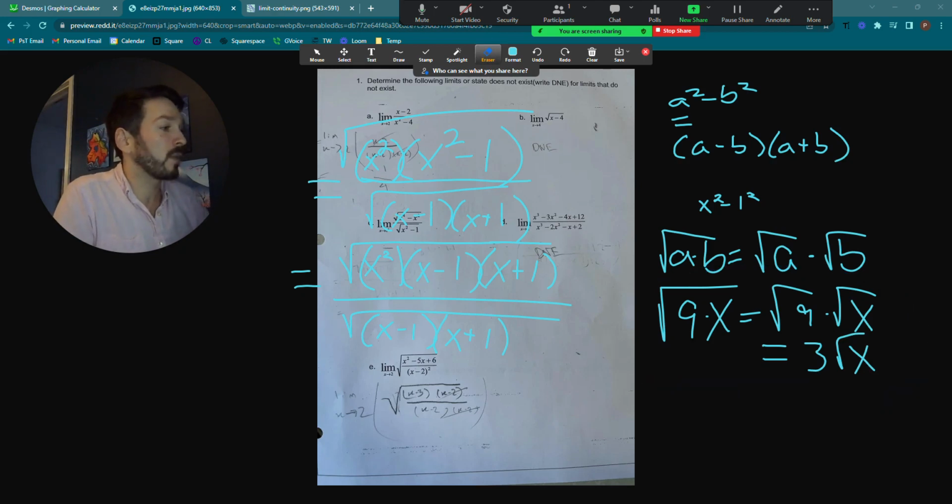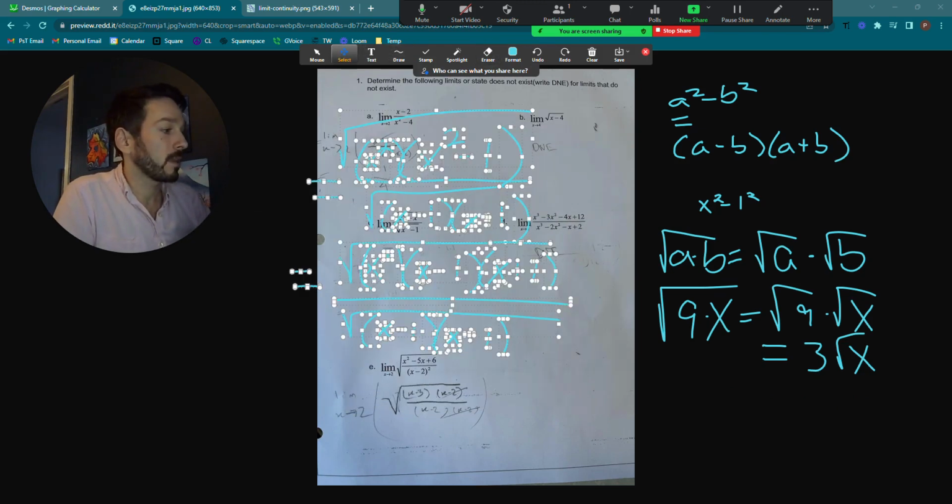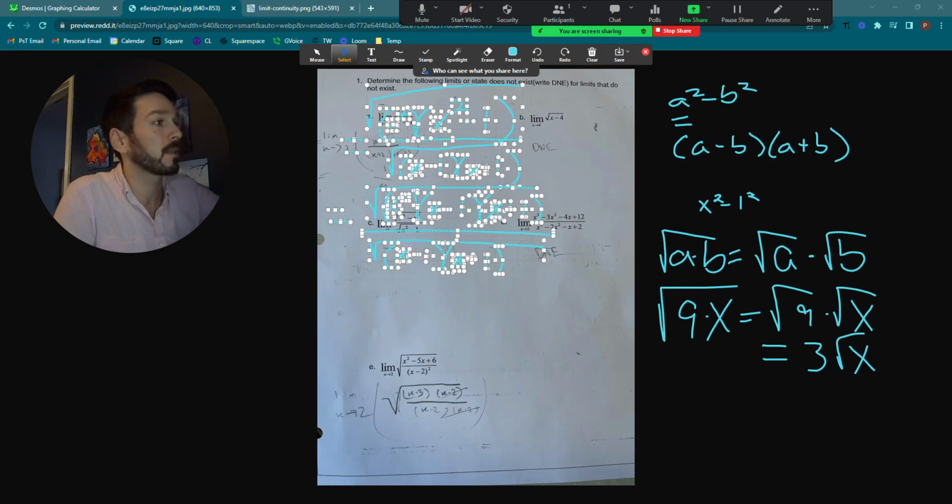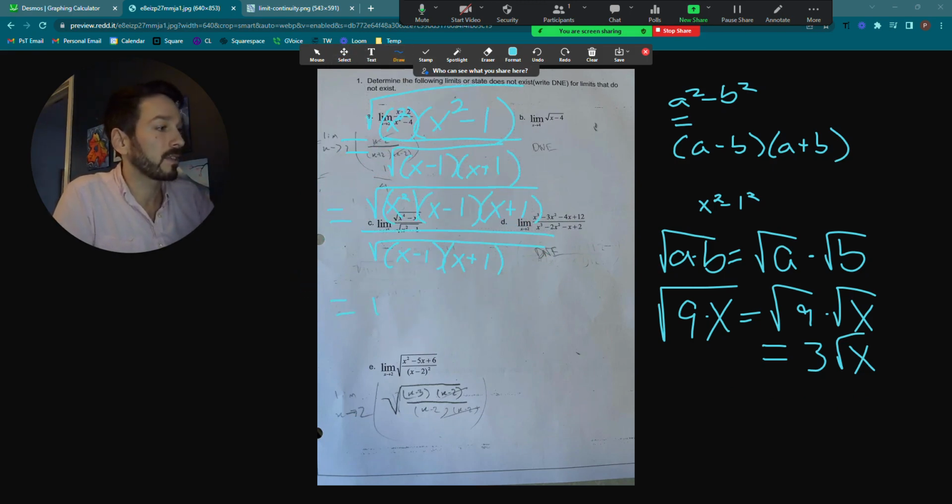Now, why do I mention that? Because we need to separate the things here, so we're going to do that. So now we're going to separate out the things that are the same so that we can now cancel them. All right. So now we have the square root of x squared times the square root of x minus 1, x plus 1, all over itself.